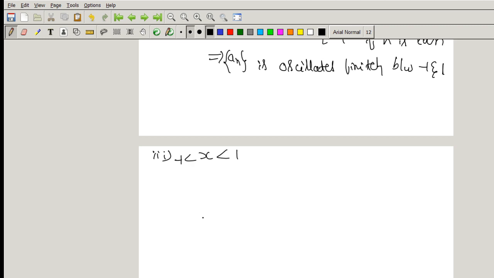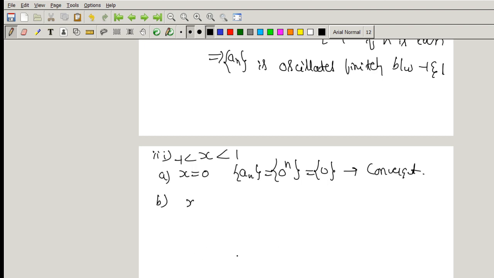So in subcase A, I check for x equal to 0. When x is equal to 0, a_n is nothing but 0 power n, which is 0, a constant sequence, which is always convergent.